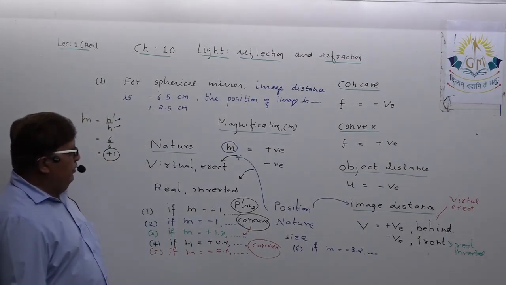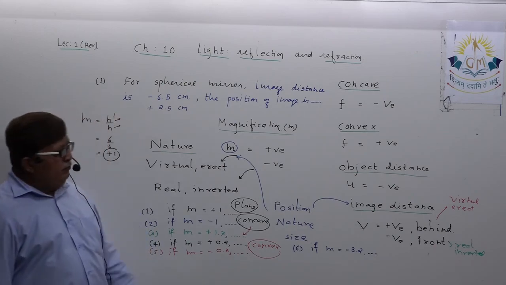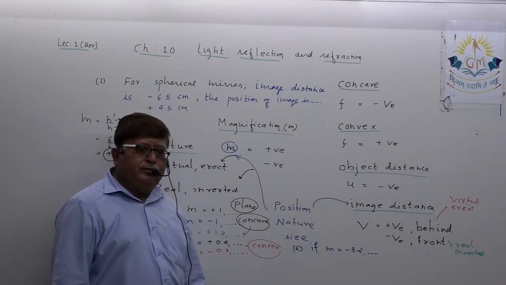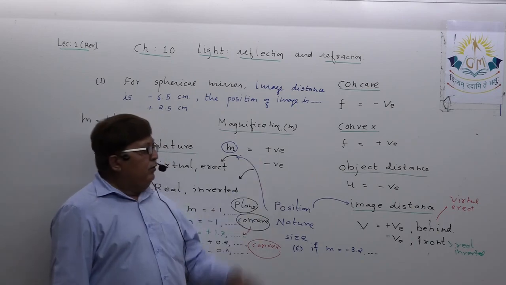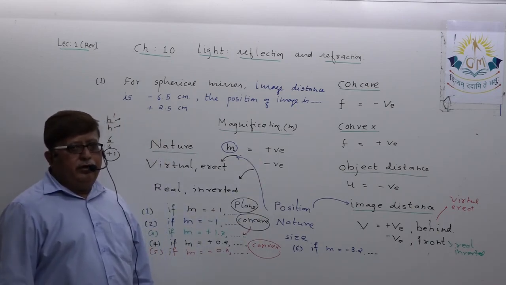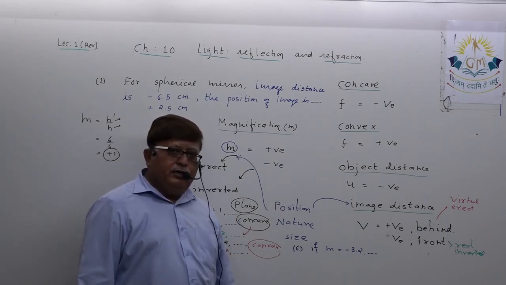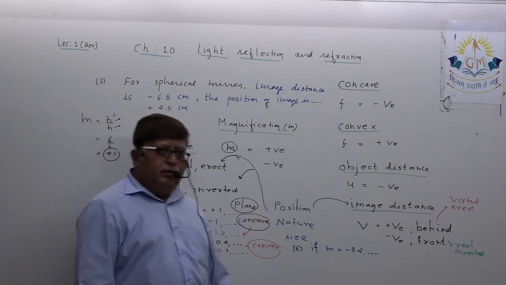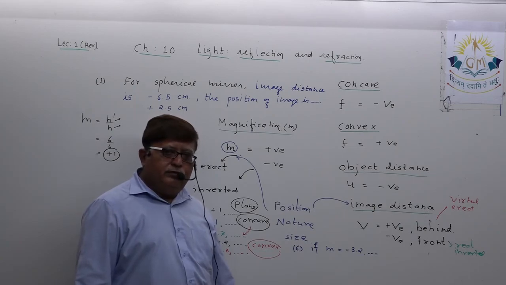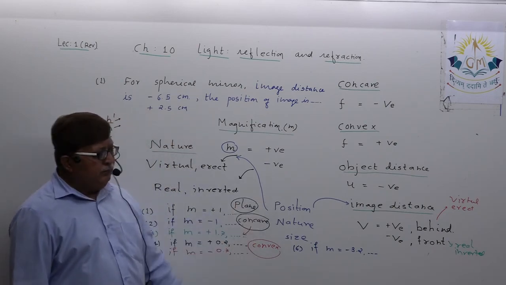So let's just have a sum up of the concept which you have understood. For concave mirror, focal length, never do any mistake in taking this. Focal length always negative. For convex mirror, focal length is always positive. For any mirror, object distance is always negative to be taken as per Cartesian sign conventions.